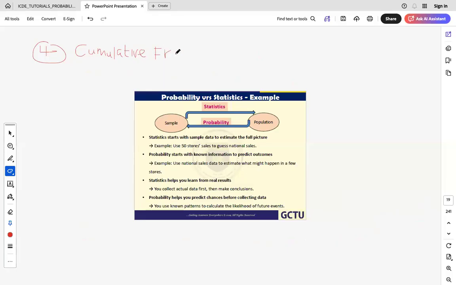The cumulative frequency is also done by adding previous frequencies to current frequencies. You add previous frequencies to current frequencies.